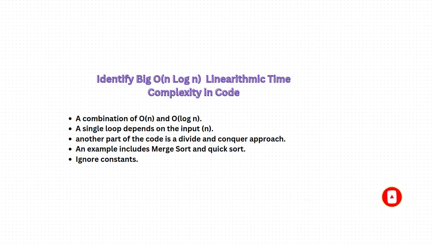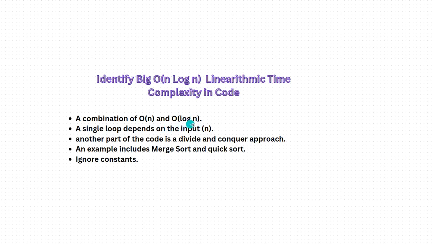So what are the criteria of the linearithmic time complexity? What are we going to see that gives us the understanding that this code is Big O of n log n? The first criteria is a combination of Big O of n and Big O of log n.